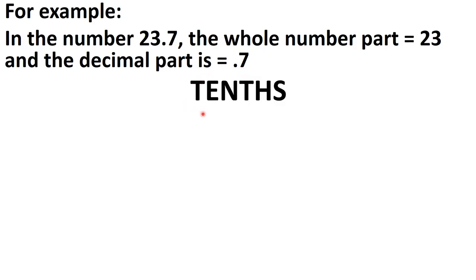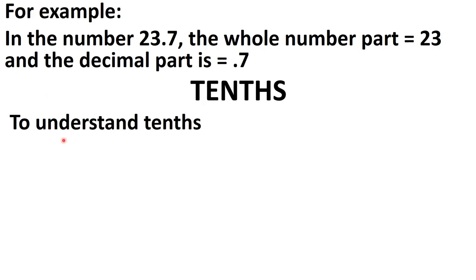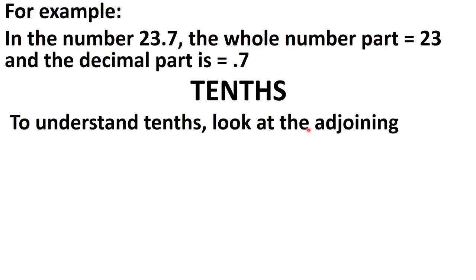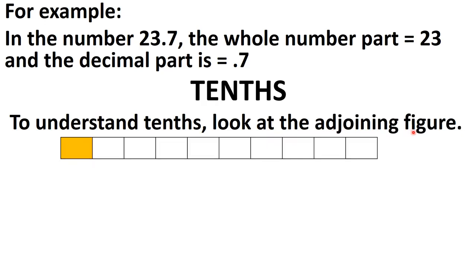Now we will learn about the tenth place, how we get this place. To understand tenth, look at the adjoining figure. See this figure? It is divided into 10 equal parts. These are 10 equal parts, and from these 10 equal parts, one part is shaded.